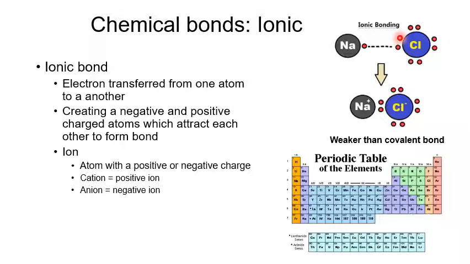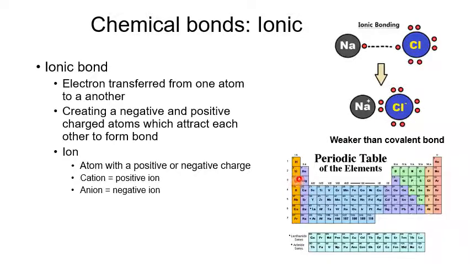Now it has one more electron than it has protons, and therefore it will gain a negative charge. How about sodium? It had 11 protons and 11 electrons, so it was electrically neutral. But when it loses its electron to chloride, what's going to happen with sodium?